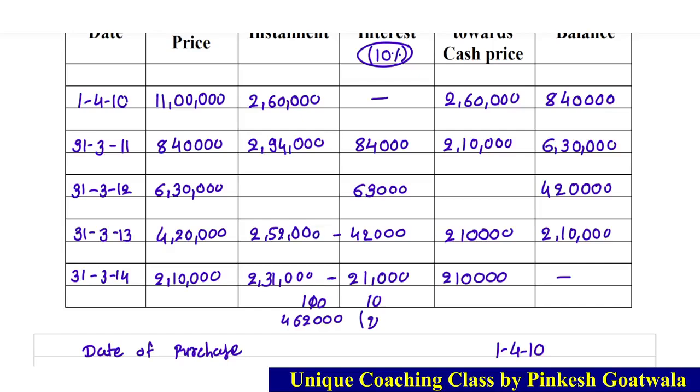Now how to complete the remaining? In a previous sum I told you about the total of this one and this one. The total of both, this amount we don't know, and this amount, will come to 630. So just think what amount will become here. Subtract 420 from 630, so 210 will come.